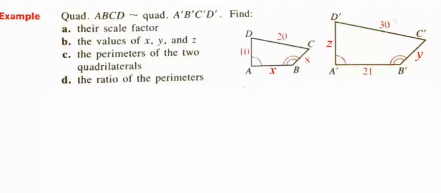We have quadrilateral ABCD. It's the one on the left. ABCD is similar to quadrilateral A prime, B prime, C prime, D prime.